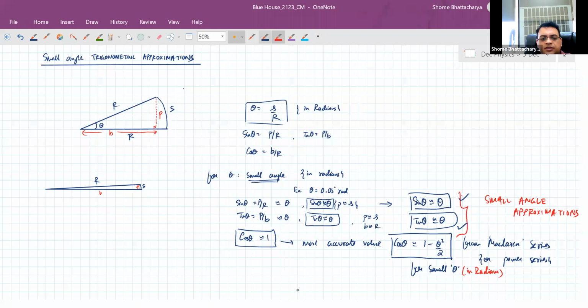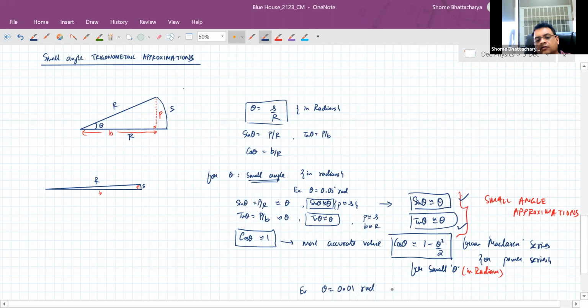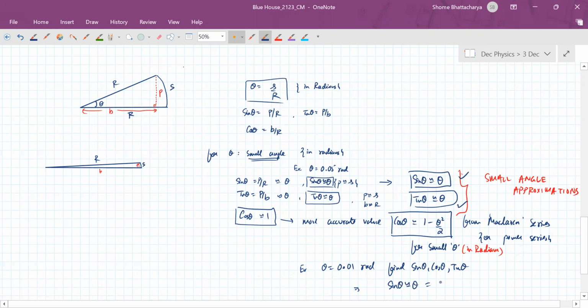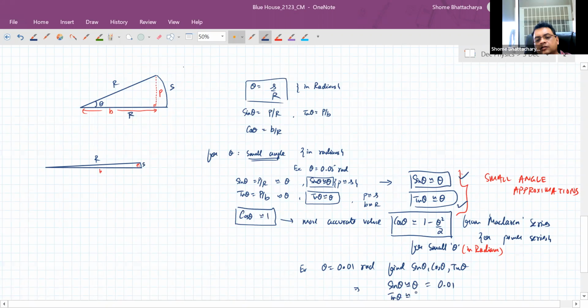Okay, so for example, if I tell you that theta is equal to 0.01 radians, find sine theta, cos theta, and tan theta. So your answer will immediately be that sine theta is approximately theta only, which will be 0.01. Tan theta will also be theta in small angle approximation.